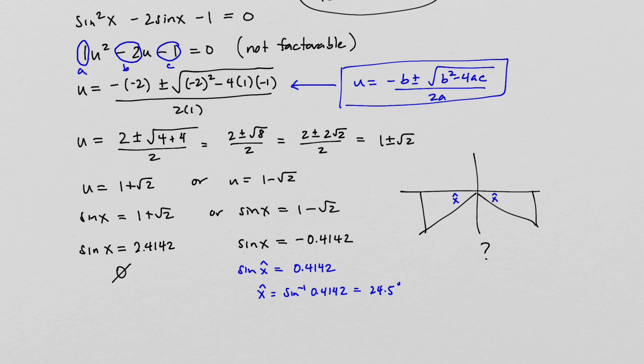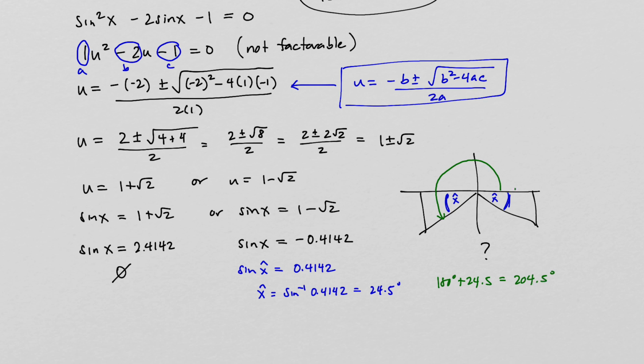So that's what this angle is right here and right here. And so our solution is going to be this angle, which is 180 plus 24.5, which is 204.5 degrees.